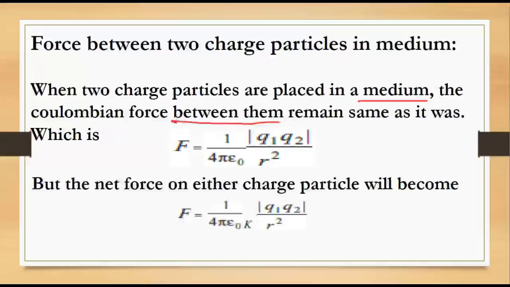But the net force on either charged particle will become F equal to 1 by 4 pi epsilon naught k q1 q2 by r square. You can put it as F dash also.